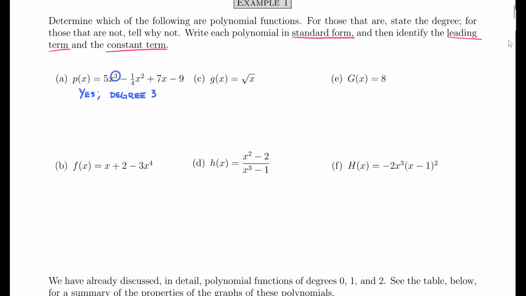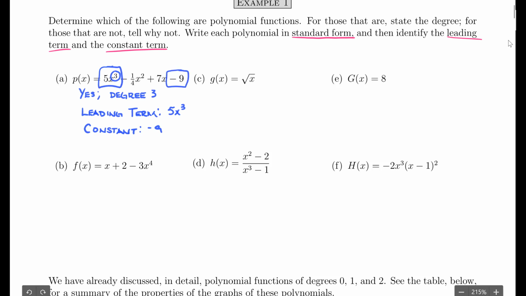The leading term is the 5x cubed, and the constant is going to be -9. Okay, there's our leading term, there's our constant, and that's all we had to do on that one.